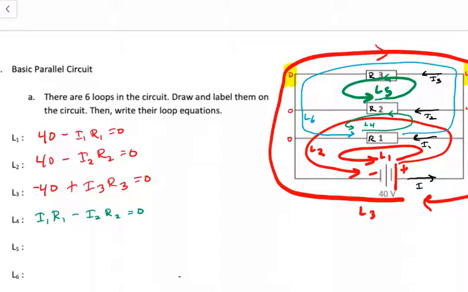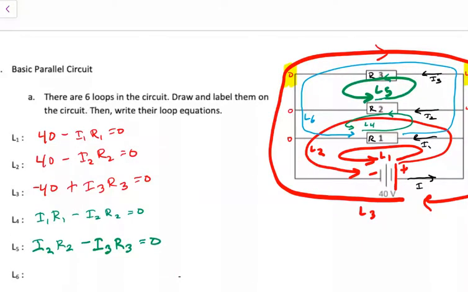Loop 5 is the same, but with 2 and 3 instead of 1 and 2. So since I'm going against the field in R2, I'm gaining that voltage, or I'm adding it. And then since I'm going in the same direction as the electric field, I'm losing the voltage across resistor 3.